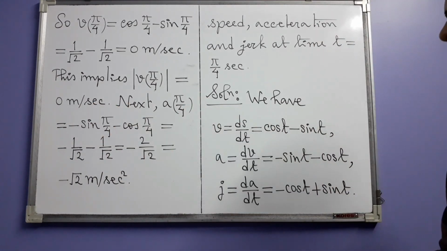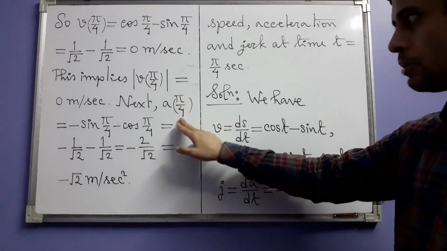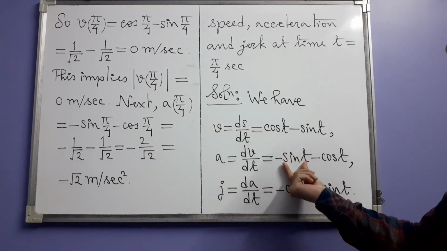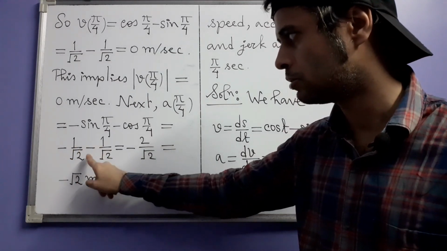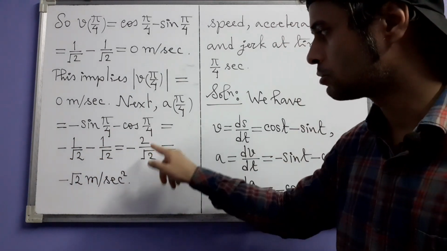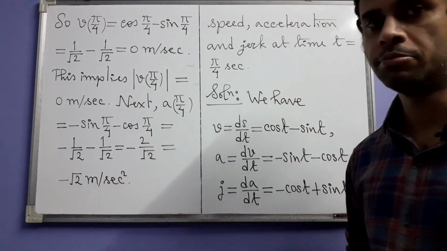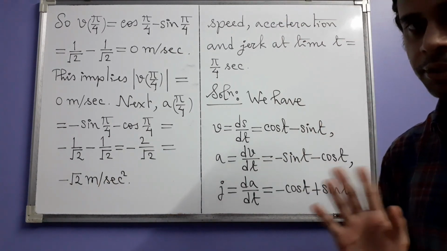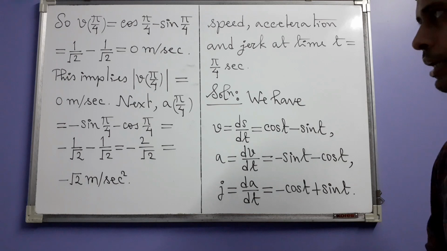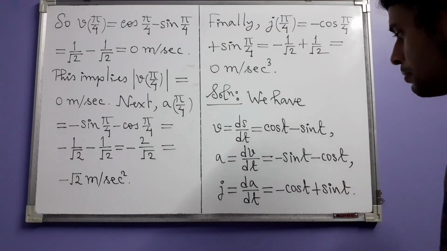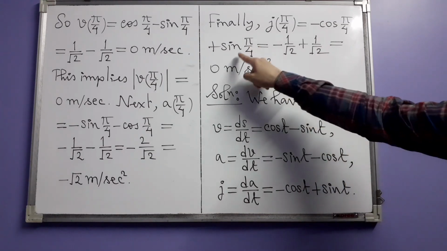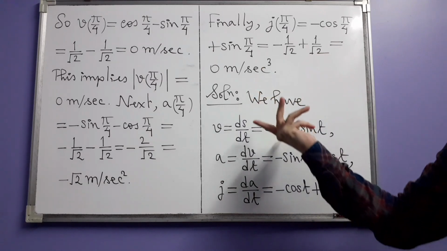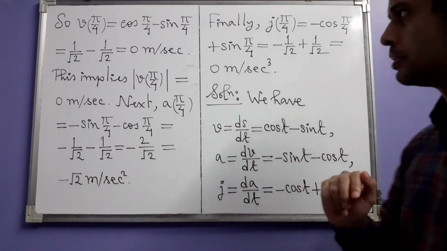And next comes acceleration. So we evaluate A at pi over 4. This one is minus sin pi over 4 minus cos pi over 4. That means minus 1 over root 2 minus 1 over root 2. So minus 2 over root 2, or minus root 2 meter per second squared. Not meter per second, because this is acceleration. And next comes jerk. So the jerk at pi over 4 second would be minus cos pi over 4 plus sin pi over 4, which ultimately is 0, just like the velocity is 0.